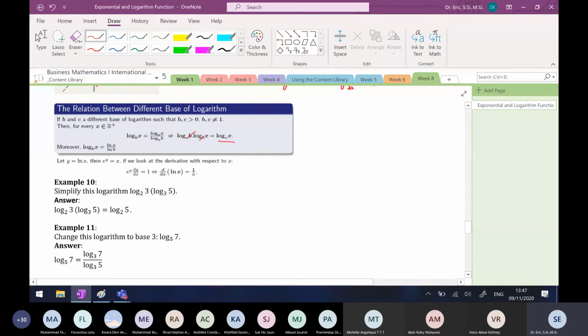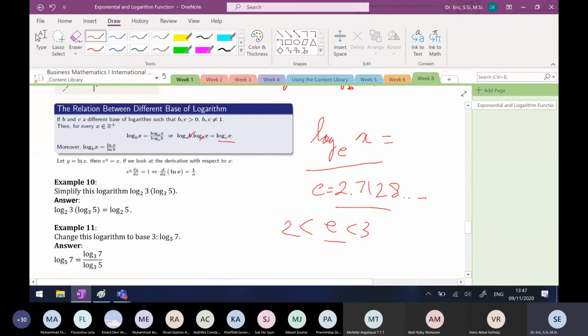But I want to remind you of something: logarithm with base e. What is e? e is 2.718, etc. This is just a constant between 2 and 3. It is a very, very important base.